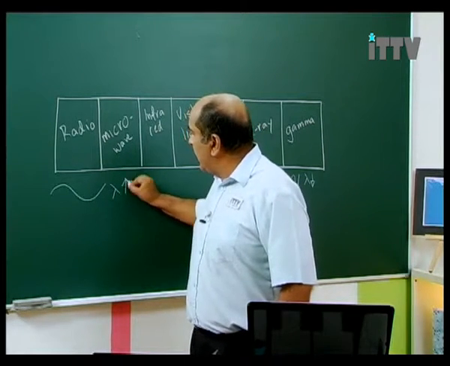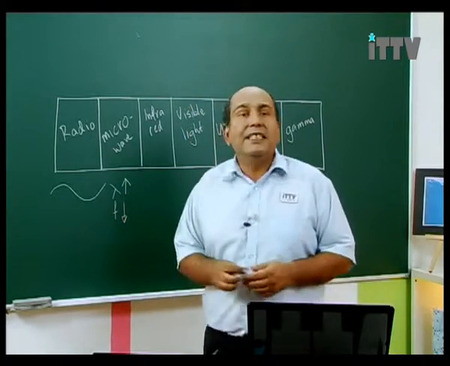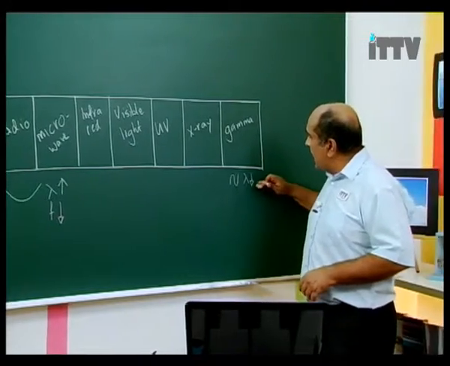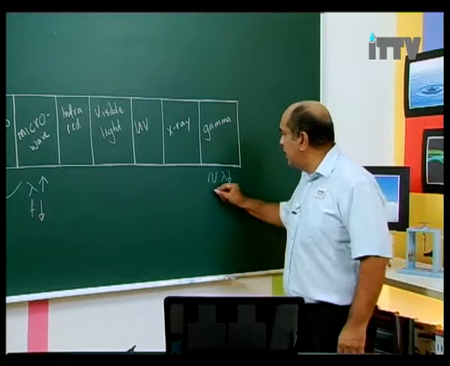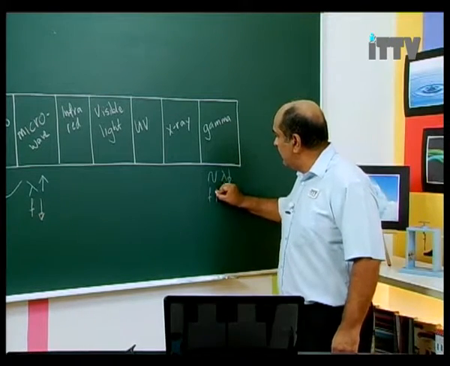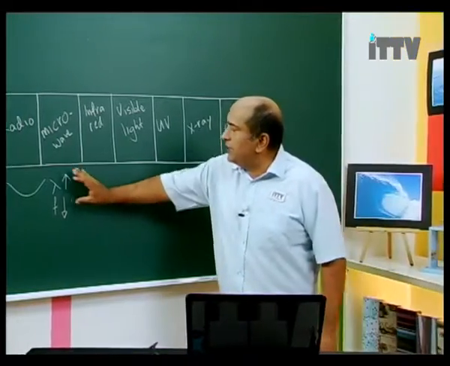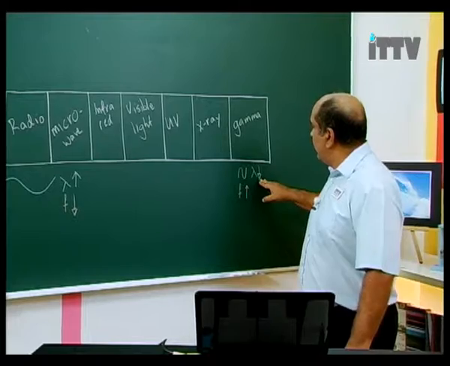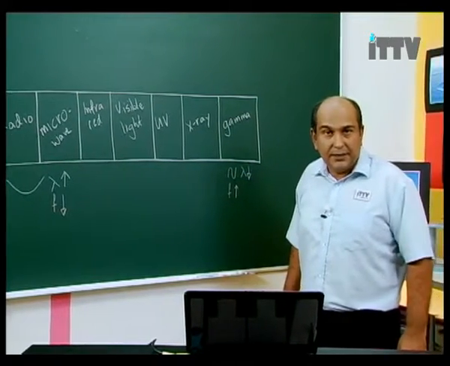So here if lambda is high, f, the frequency, is low. As we move across to this side, as lambda becomes shorter, our frequency increases. So this is a gradual change as we go from left to right. The frequency increases as the wavelength decreases.